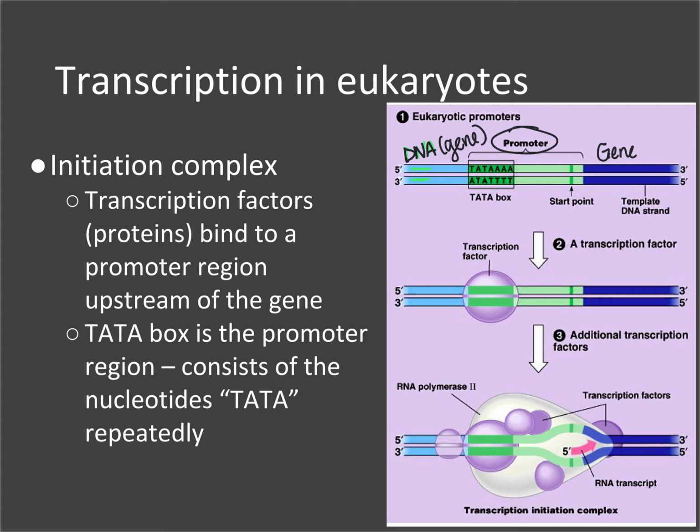And you can see that we kind of call it this TATA box, because it's made up of a whole bunch of thymines and adenines that are repeating in this area. And so there's some sort of signal to the transcription factors that is where they should initially bind and then start the transcription process.